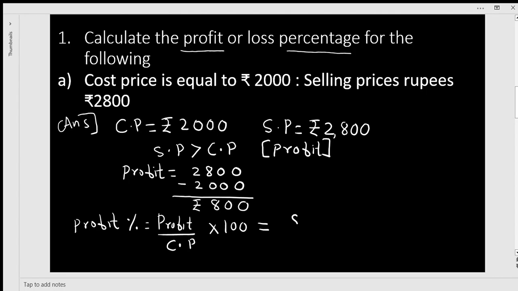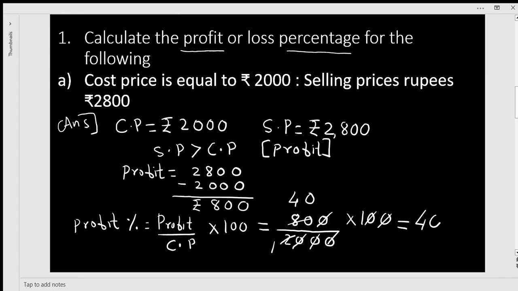Profit as we have calculated above is rupees 800. And what is cost price? Cost price is 2000. So here 2000 rupees into 100. So 0, 0, 0, 0, 0 and 0. 2 ones are 2, 40. So it is profit of 40%.